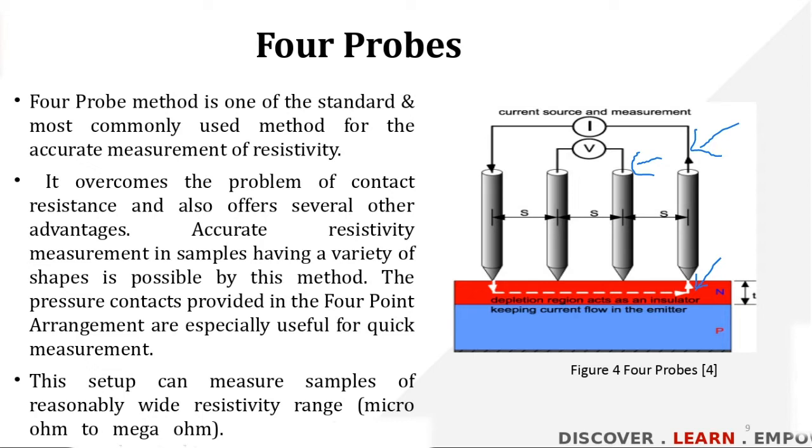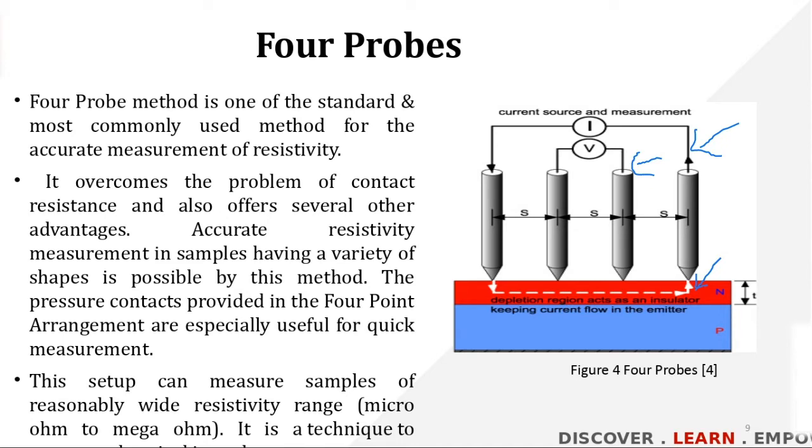So why are we using this 4 probe method? The 4 probe method is one of the standard and most commonly used methods for accurate measurement of resistivity. Semiconductors do not obey Ohm's law, whereas conductors do. So with the 4 probes we can measure resistivity accurately.